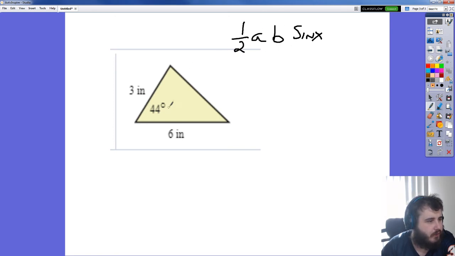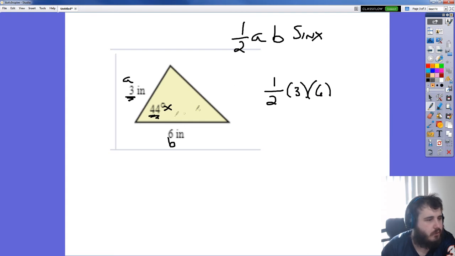So here's, you've got your angle X, you've got your side A, you've got your side B, and so basically you're just going to go in and you're going to put those in. Well, what's A? A is 3, right? What's B? Well, B is 6, right? And what's X here?